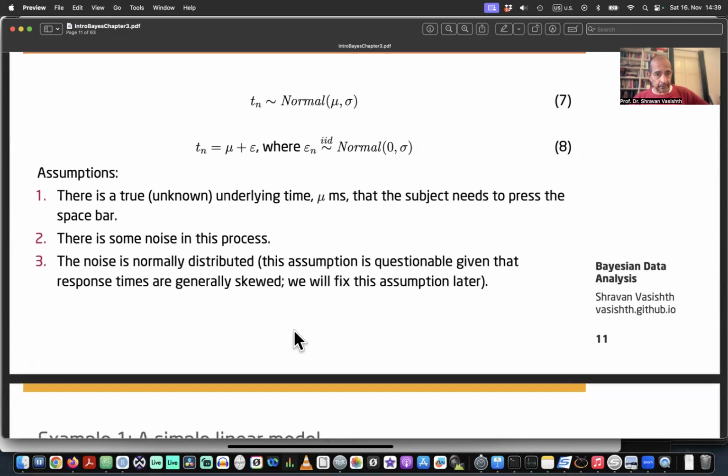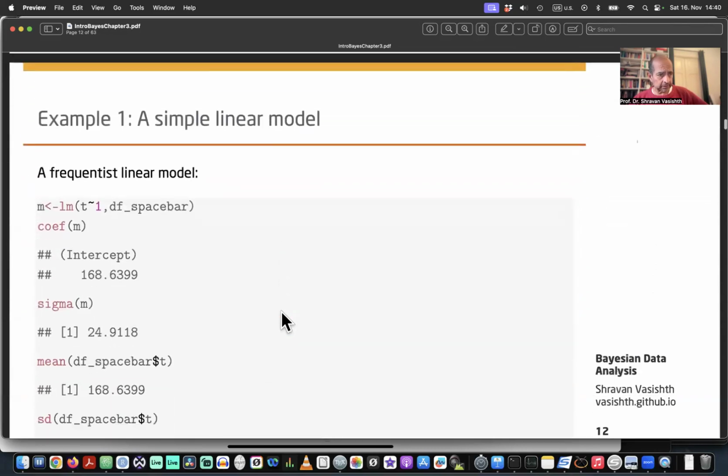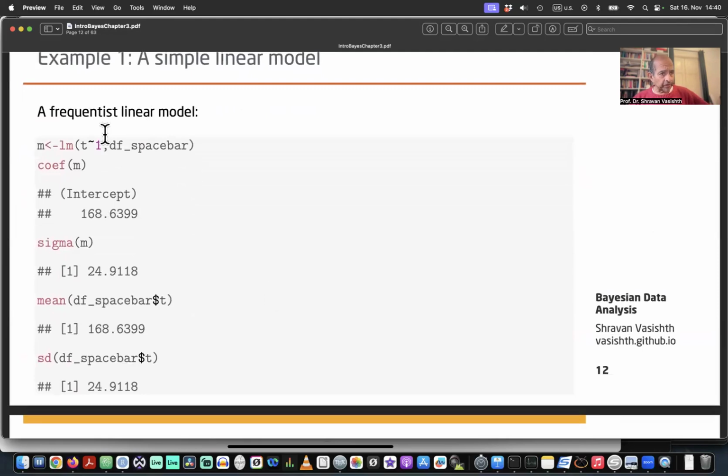I've already mentioned that the normal likelihood is kind of questionable here, but right now it doesn't matter. Let's keep going. So the frequentist linear model would be fit like this. The lm function in R fits a simple intercept-only linear model.